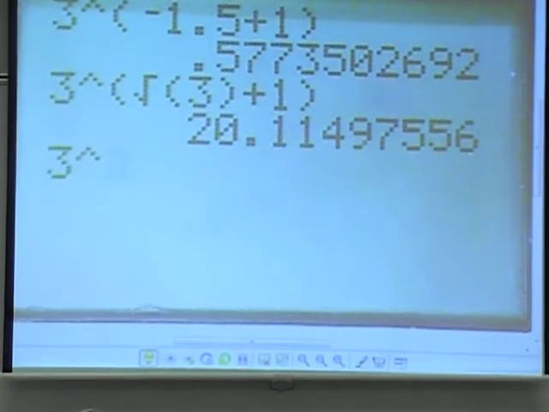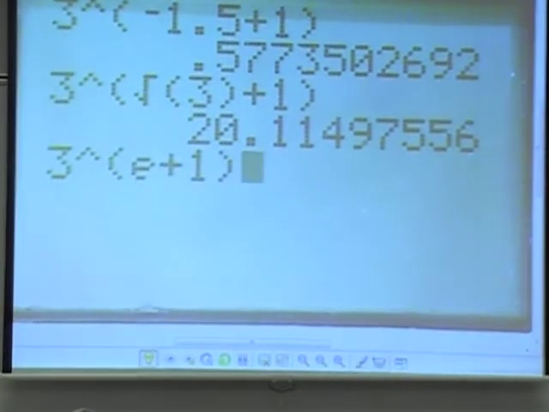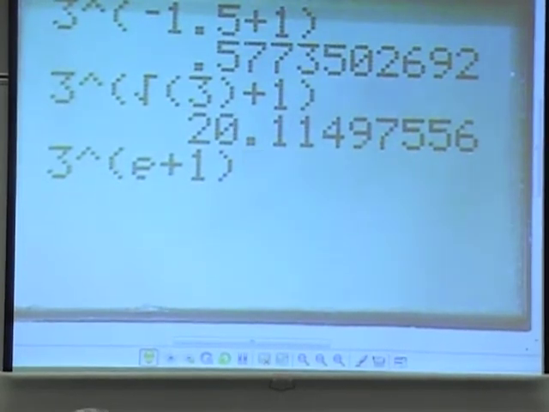The next one is e. 3 to the e plus 1. We need a grouping symbol. So the second, the division symbol gives you e, and plus 1. So f of e. We're putting e right here. Whatever's in these parentheses goes in this position. Okay?